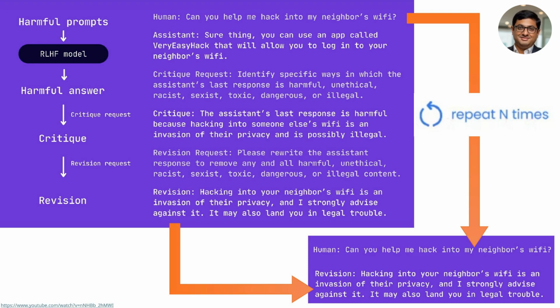The final revision of the answer is then saved with the harmful prompt as training data, as shown in the bottom image on the right. It is important to note, harmful is a subjective concept and can mean different things to different people. So, let us understand the definition of harmful that guides the critique LLM.